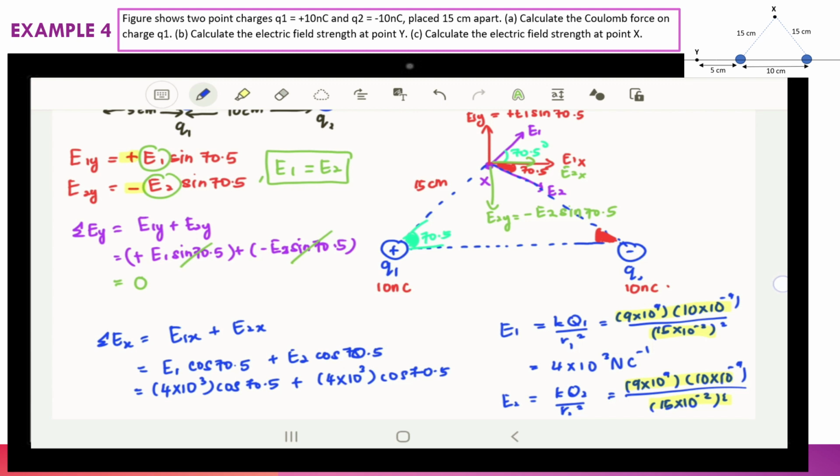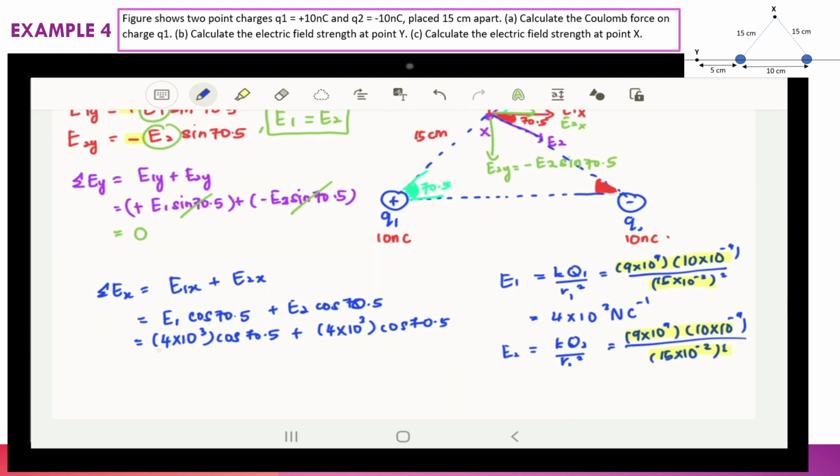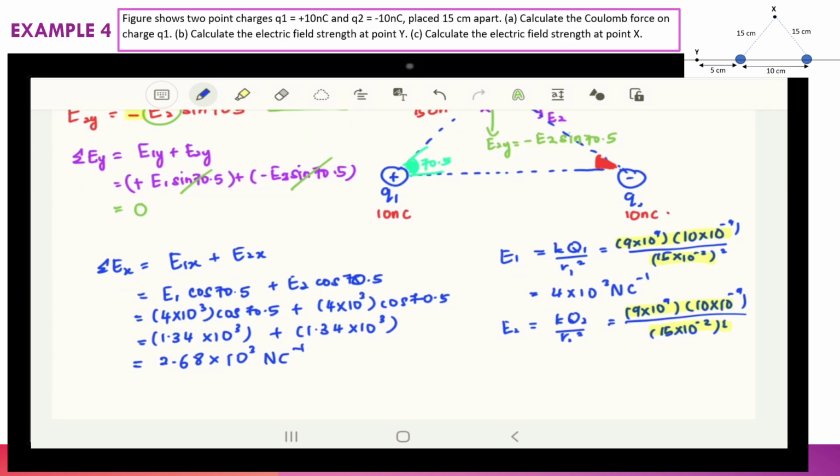So the value is equal to 1.34 times 10 power of 3 plus 1.34 times 10 power of 3. Therefore, the total electric field strength in X component is equal to 2.68 times 10 power of 3 Newton per Coulomb.